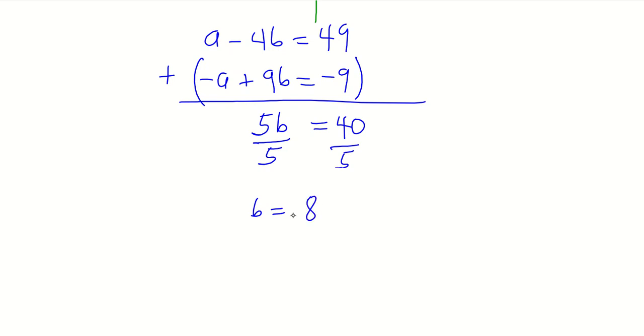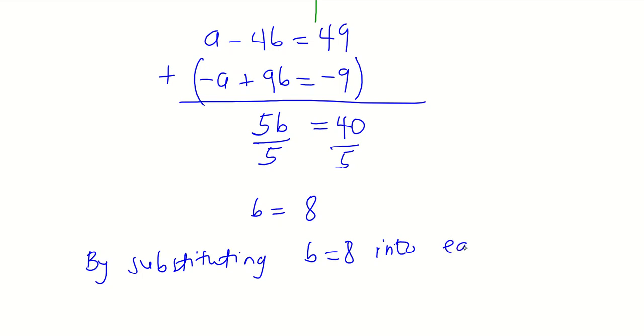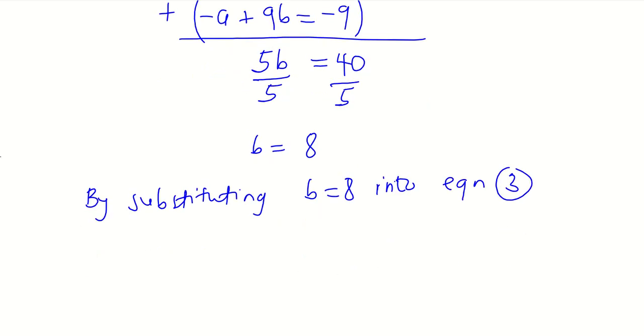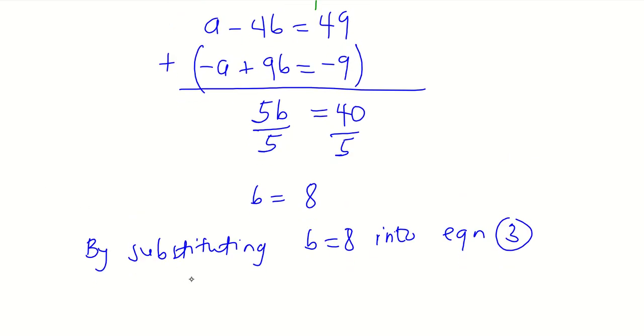Now this becomes the value of b, but we want to find a as well, so we can substitute the value of b in equation 3. By substituting b is equal to 8 into equation 3, equation 3 is known to be a minus 4b is equal to 49.